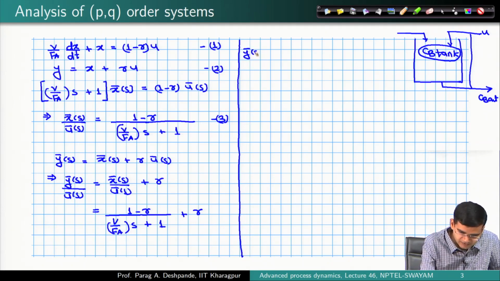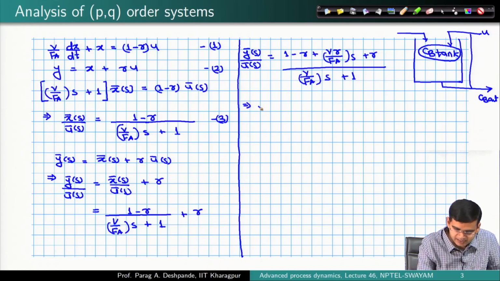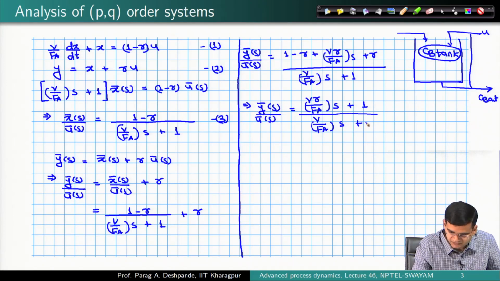So, y bar of s upon u bar of s is equal to 1 minus r plus v r upon f a times s plus r, divided by v upon f a s plus 1, from where I can write y bar of s upon u bar of s as v r upon f a times s plus 1 divided by v upon f a s plus 1, and let me call this equation number 4.